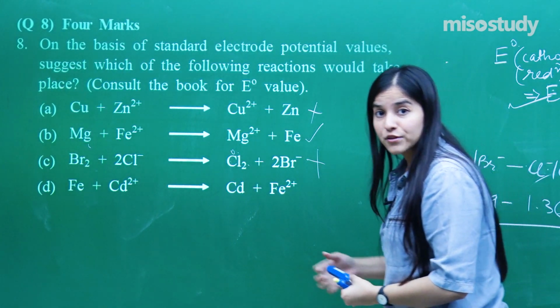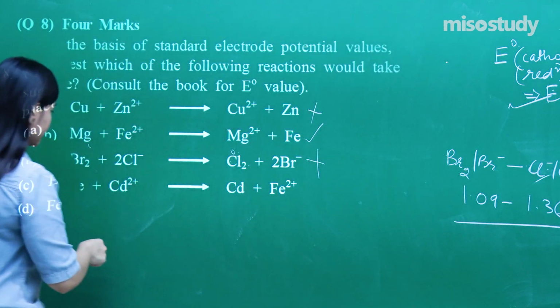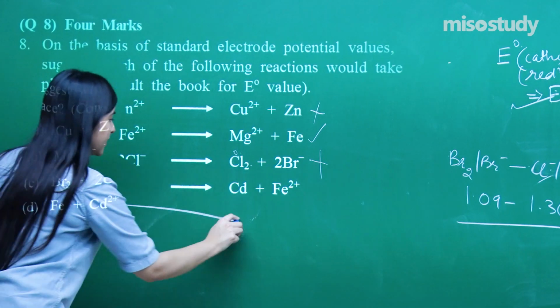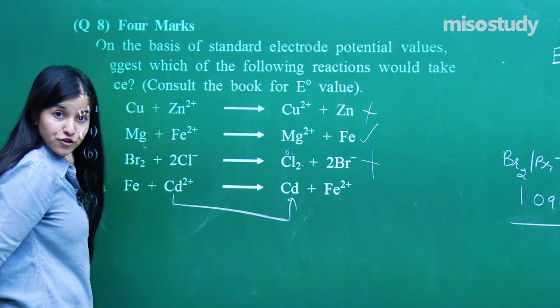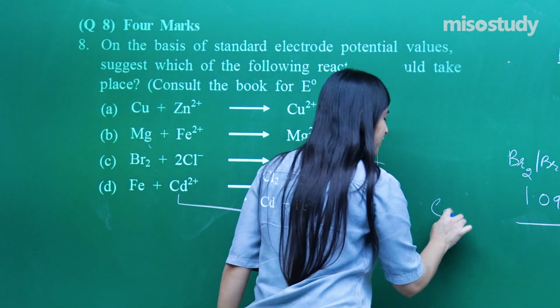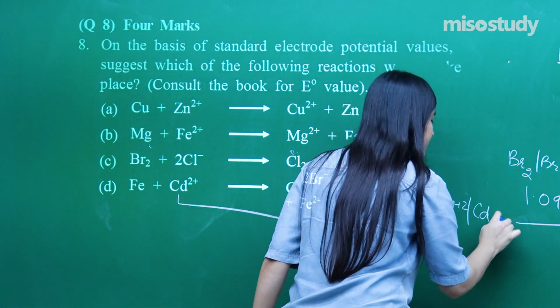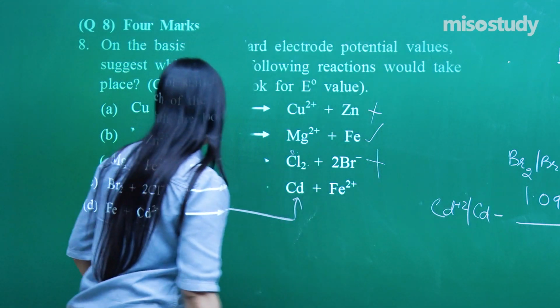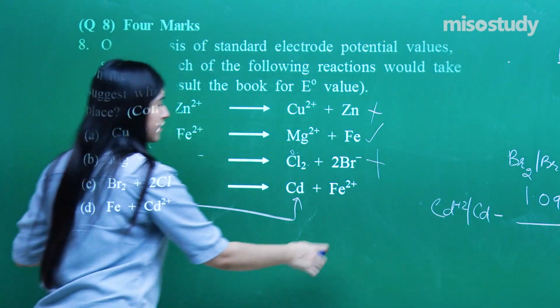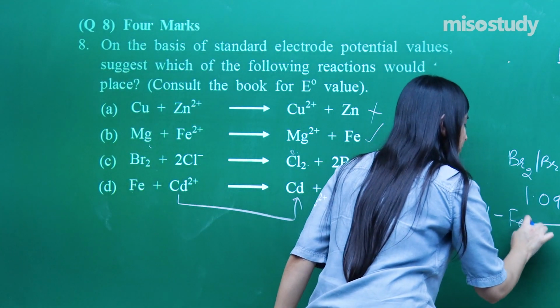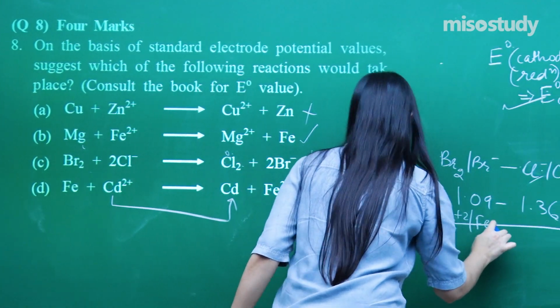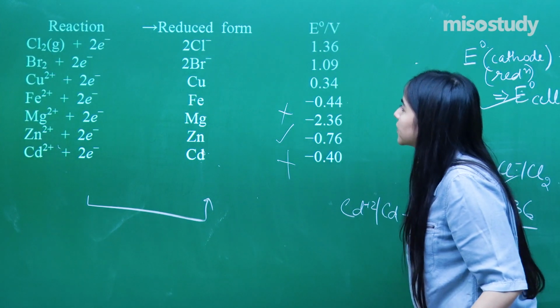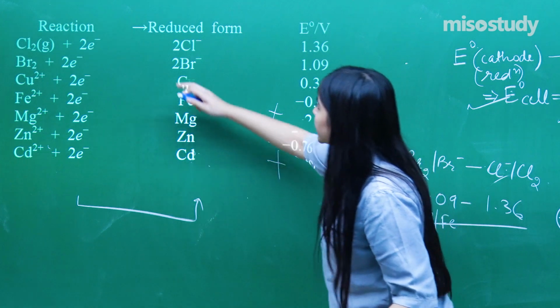Now, if I try to calculate for the cadmium and this, right? See, this is reduction process. So, cadmium plus 2 to cadmium minus of Fe, yeah, Fe plus 2 to Fe. Let's put the values then. Okay. So, cadmium, where is it?